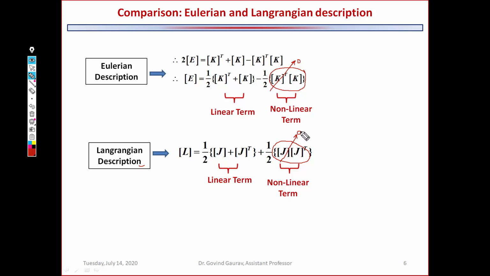So we can conclude one important fact. In the case of very small displacement, the Lagrangian description will converge to that of the Eulerian description. So for infinitesimally small displacement problems, whatever results we get from the Eulerian description will converge to those of the Lagrangian description.